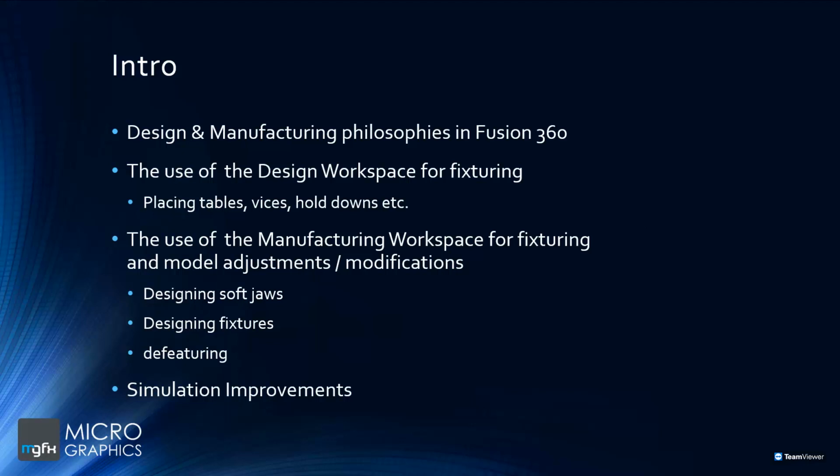So here we're going to look at how to design up soft jaws or designing up of fixtures and defeaturing models, as well as taking an example of a model and then converting that model into a piece of stock that may be pre-cut and then loaded in for manufacturing, let's say for profiling and hole drilling. And then, as mentioned, look at some of the simulation improvements.